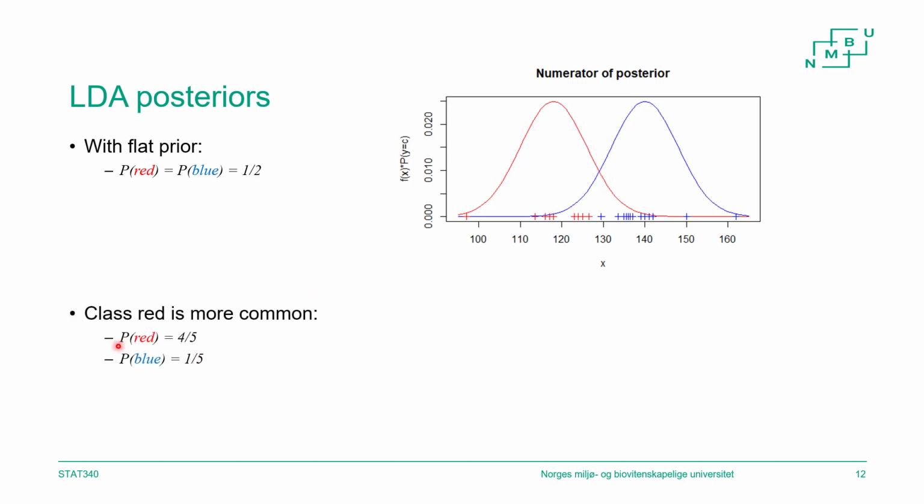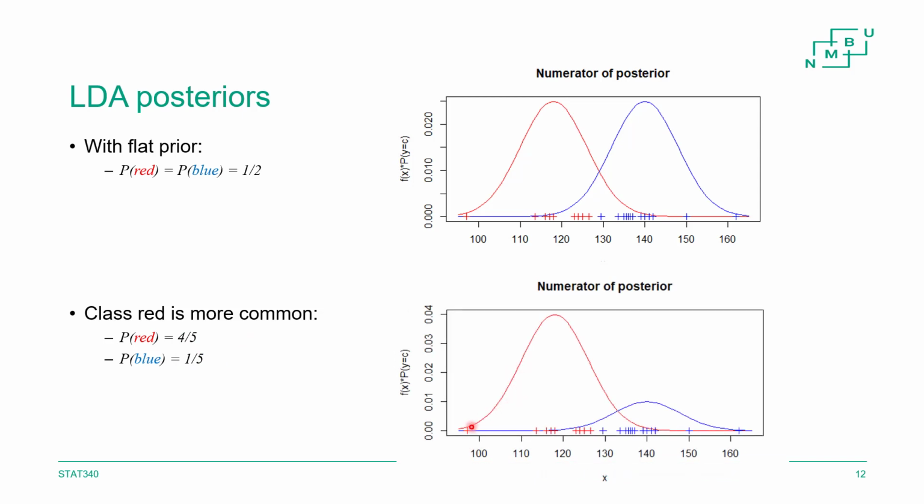So what if we have different priors? Let's say, okay, the red class is actually much more common. 4 out of 5 cases are red, while only 1 out of 5 is blue. This is something we know from before. So disregard the number of observations we have in our dataset. Use this information instead as a prior. Red is much more common than blue.